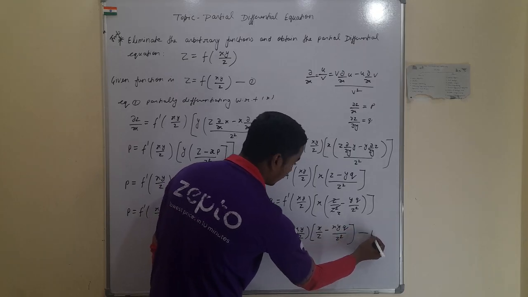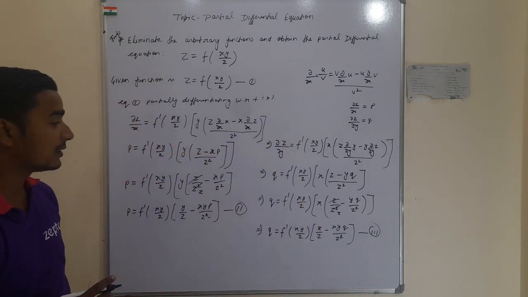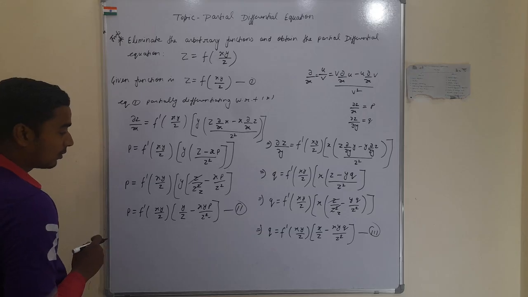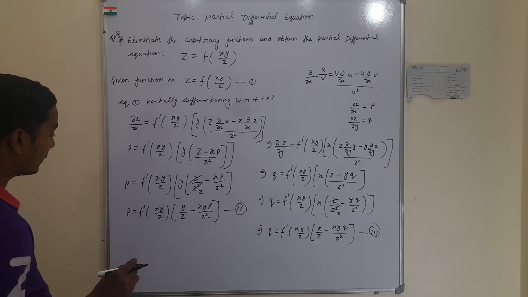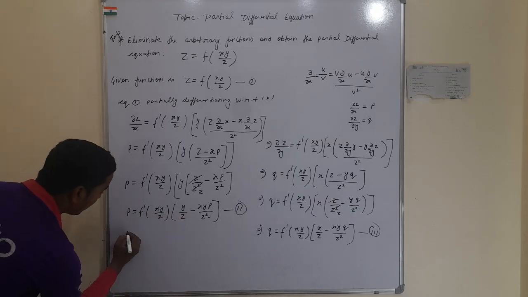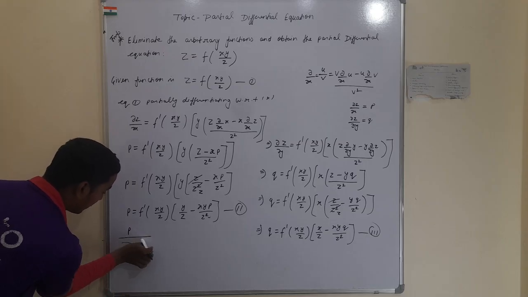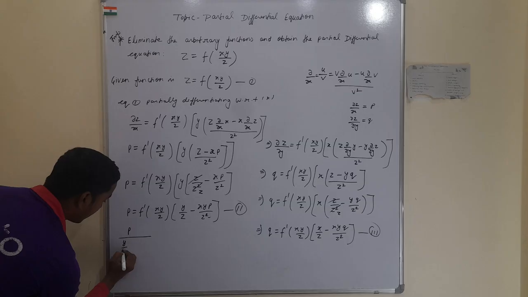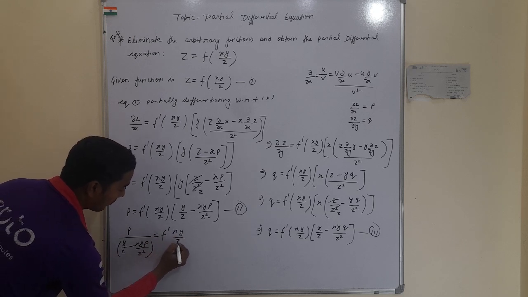Let this be equation 3. And from equations 2 and 3 we have to eliminate the arbitrary function. So we can write, taking the bracket term to the denominator of p, p upon y by z minus xy p upon z square is equal to f dash of xy upon z.